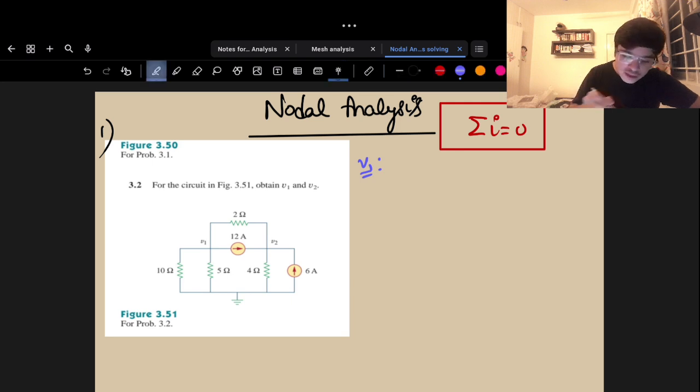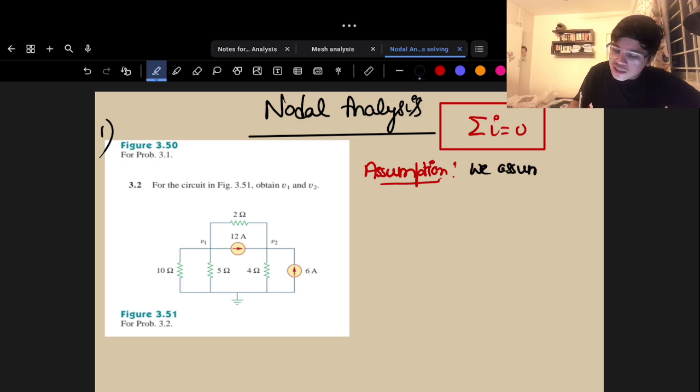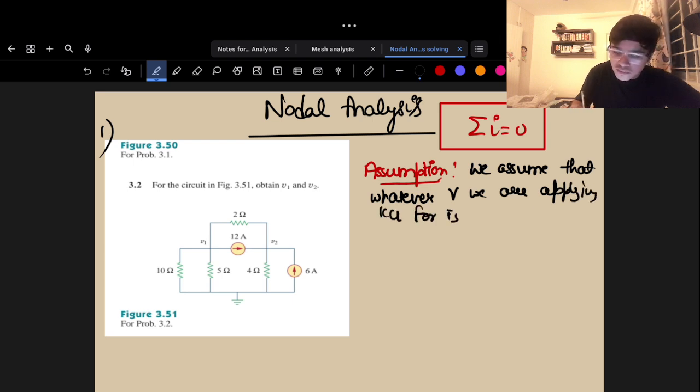Now the assumption in this is very important. One assumption that we make is that whatever voltage we are applying KCL for is higher, right?